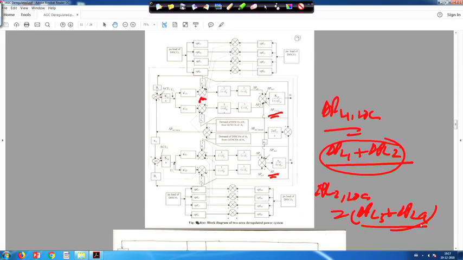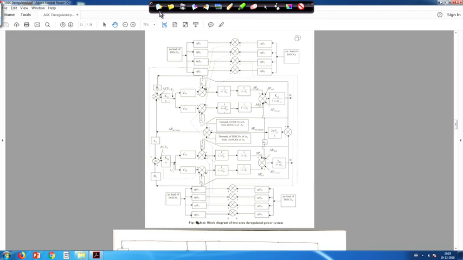Next, if you come here, this part is the tie power. This is delta P tie 1-2 actual, that is written here also, and this is delta P tie 1-2 schedule.